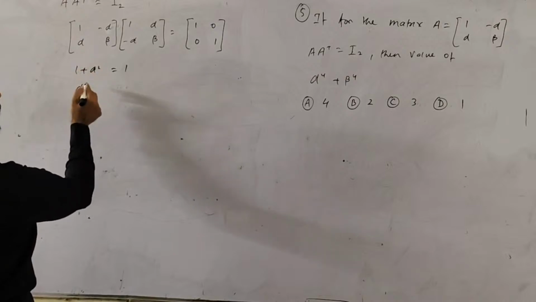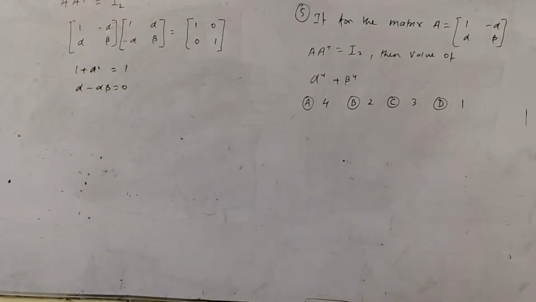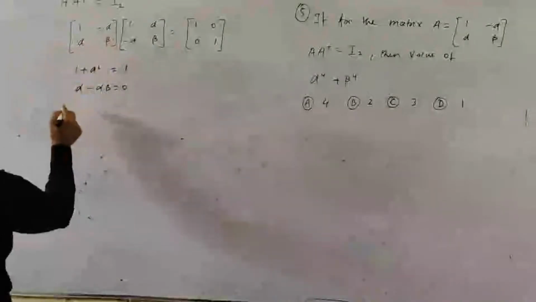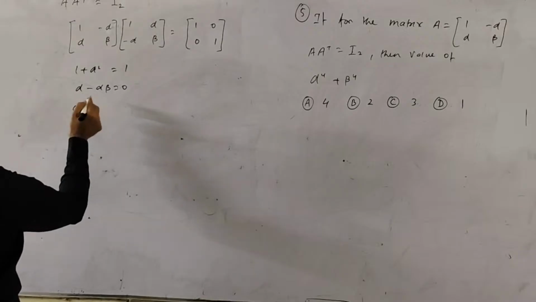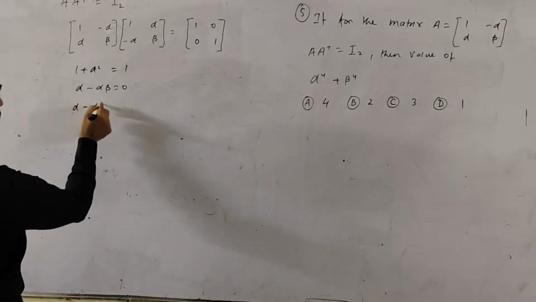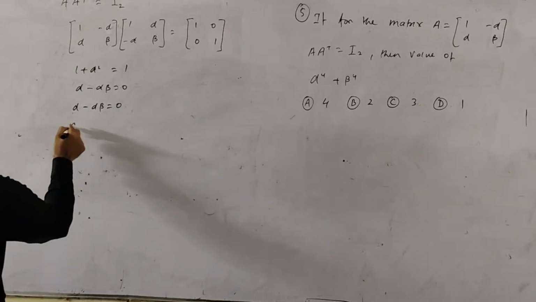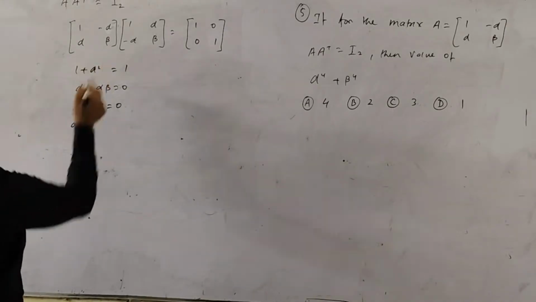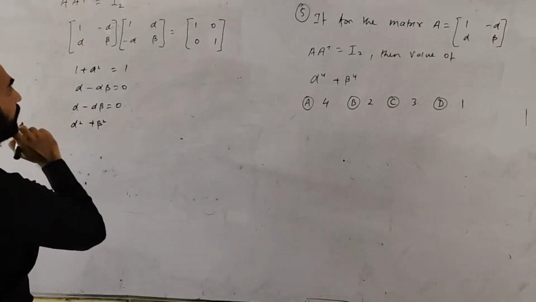Alpha and minus alpha beta, and that is equal to 0. And second row, first column is alpha and minus alpha beta, and that is also equal to 0. And last is alpha square plus beta square.